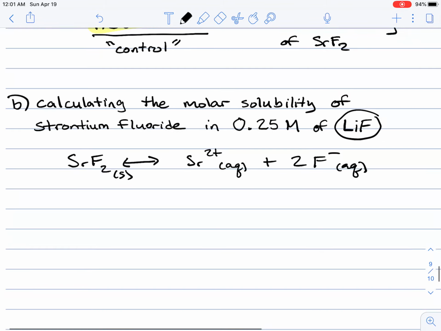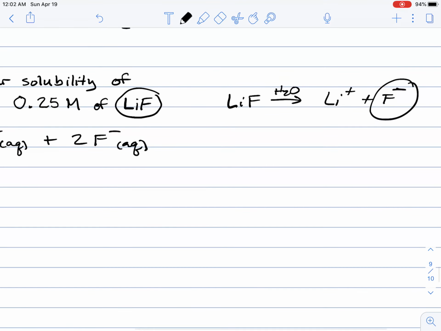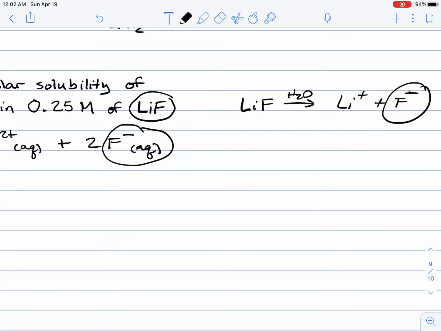So you know that when you take lithium fluoride and put it in water, it's going to separate to produce lithium and fluoride ion. And so fluoride ion is present in both of these chemical equations. And so therefore, fluoride is the common ion.